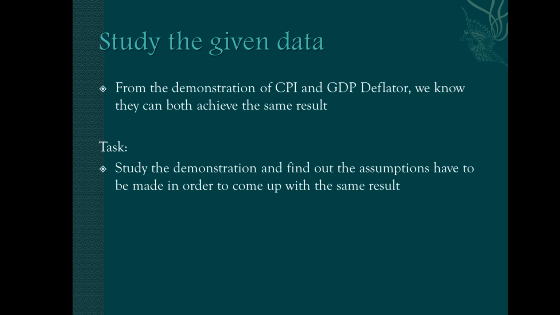So you see here, these are the major assumptions that we mostly have to make in order to see the same result. But you can imagine in the real world, it's not going to be like this, because the basket is only for the typical household, and for GDP we are looking at all the goods and services in our economy.